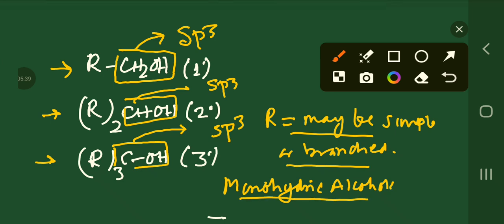Such type of alcohol consists of one OH group attached with the hydrocarbon part. So we can consider 1 degree, 2 degree, and 3 degree alcohol as monohydric alcohol, because all these alcohols have only one OH group.